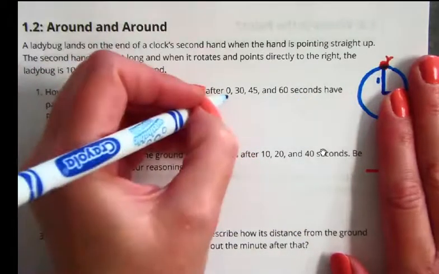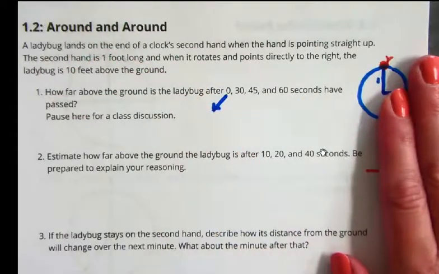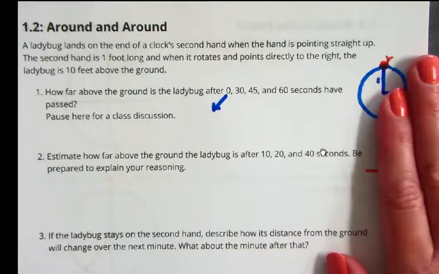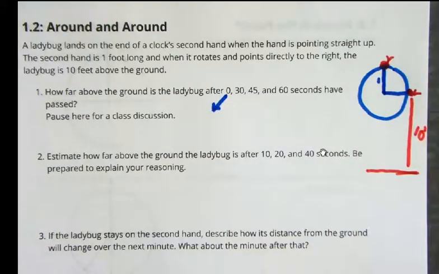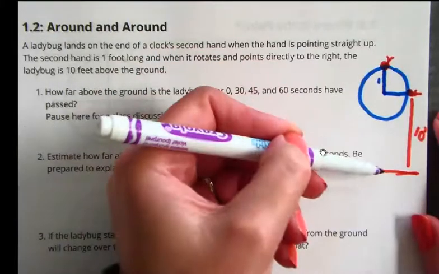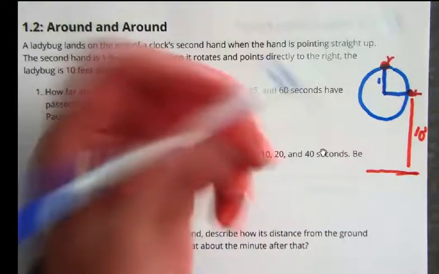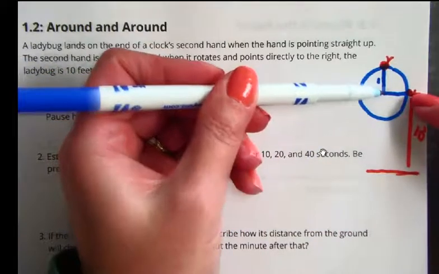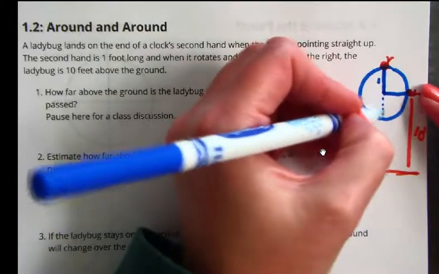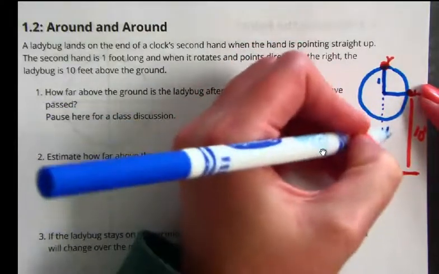So after 0 seconds, if we want to think about how far above the ground this ladybug would be after 0 time has passed, well, if it's 10 feet from the ground to this point, that means even this part is also 10 feet because they're parallel and equal.